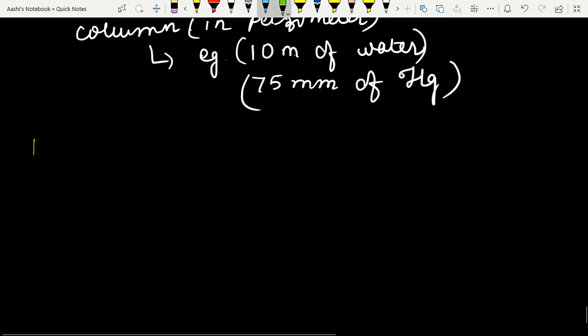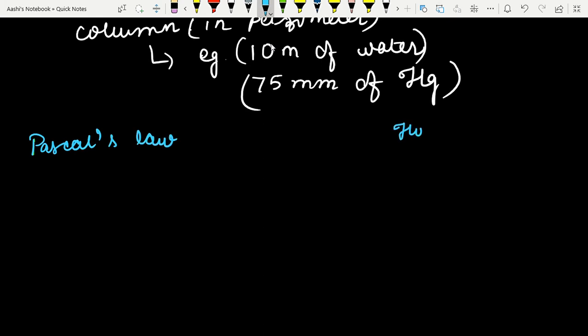This is Pascal's law, and then we'll discuss the hydrostatic law. As the name suggests, Pascal's law was given by Pascal.